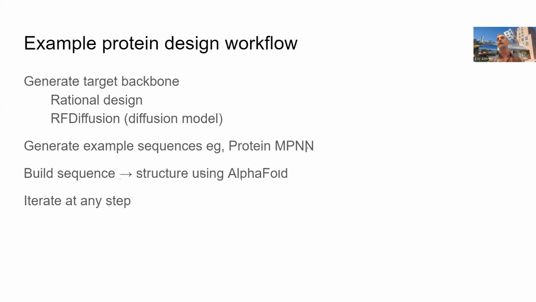Otherwise, we can go back and slightly modify that original design by pulling some neighbors out of RF diffusion, or maybe we just go back to the ProteinMPNN step where we're guessing the sequence. So we can iterate this at kind of any step, and that's still ongoing research in terms of what's the best way to do that.